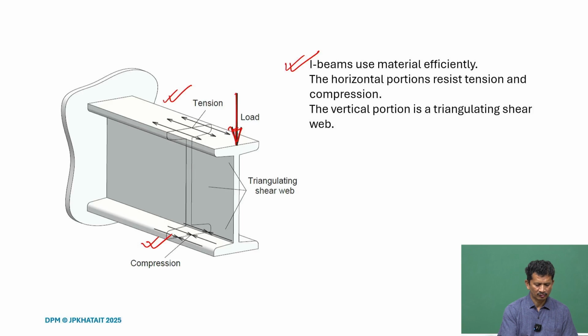So, the material is more on the upper and bottom layers, and the middle section is only providing the triangulating structure, here a triangulating shear web. Therefore, in many structural designs, we see I beams used more often if it is loaded under bending.